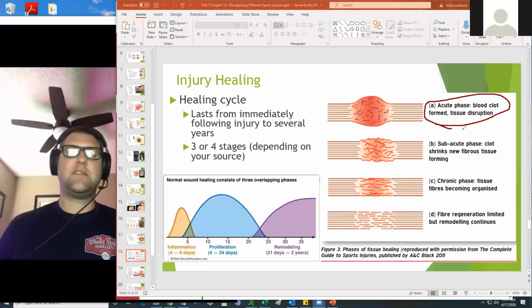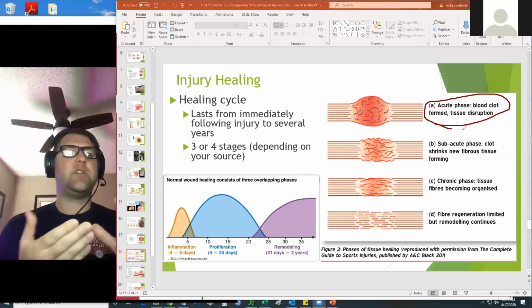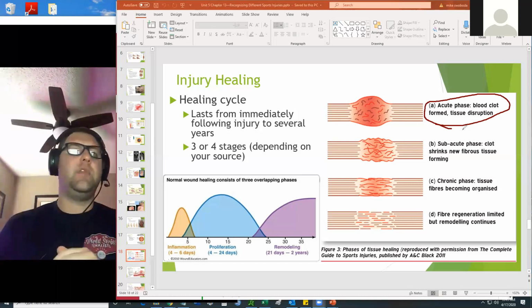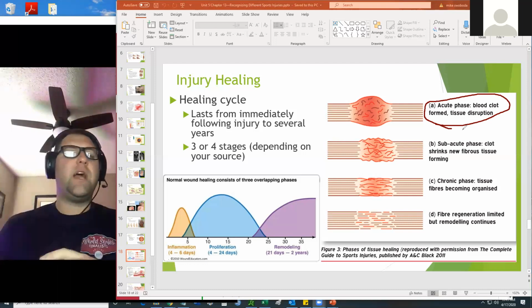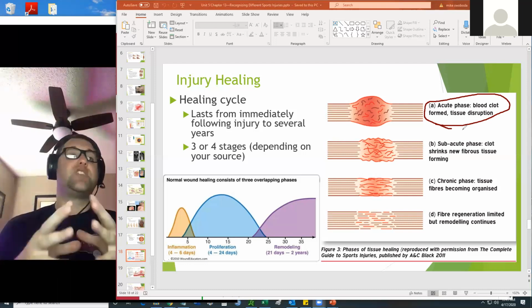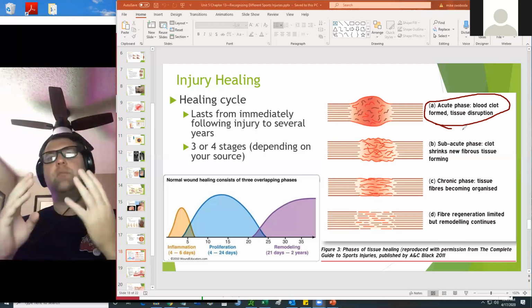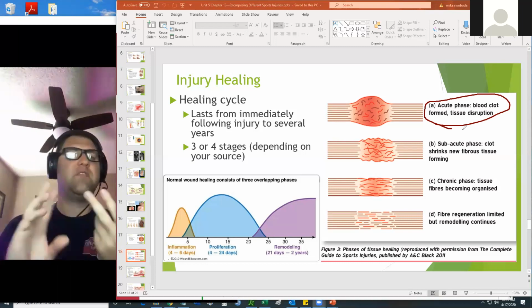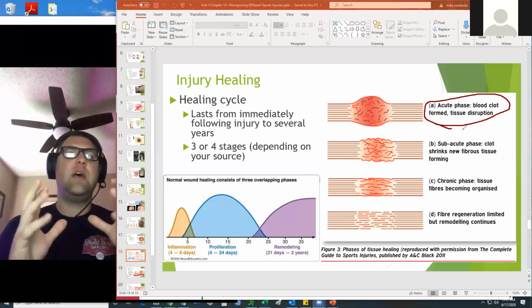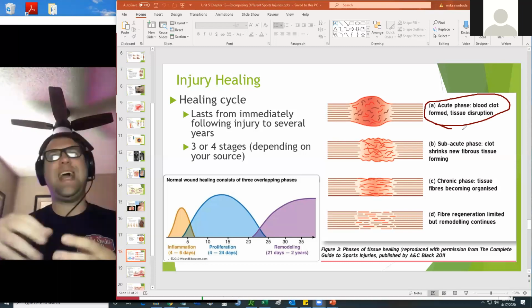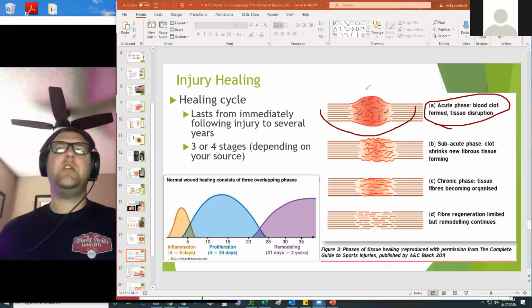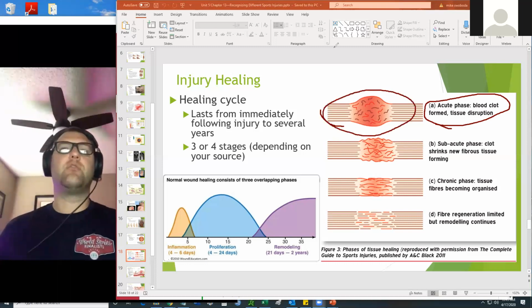This is where you have the actual tear to the muscle, tendon, ligament, bone break, whatever. Usually accompanied by swelling, inflammation. You'll get excessive blood to the area, so you'll get a feeling of warmth. It'll be tender. This is when you are most vulnerable.